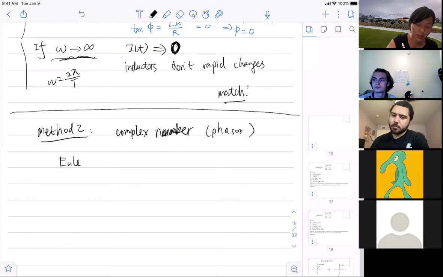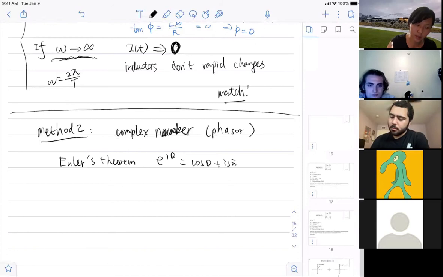To remind us about complex numbers, Euler's theorem: e to the i theta is cosine theta plus i sine theta. So e to the i omega t is cosine omega t plus i sine omega t. So the general method goes like this.